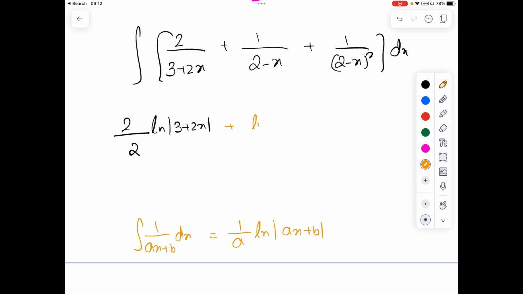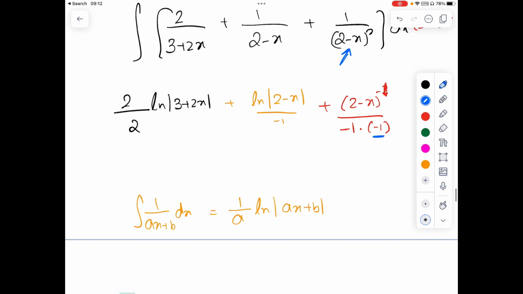Then plus ln of 2 minus x divided by minus 1. And this one is again as usual 2 minus x whole to the power of negative 2. It becomes 2 minus x whole to the power of negative 1 over negative 1. Again one more negative 1 divided by the derivative of the basic function. Minus x derivative is minus 1. So don't forget to divide by that.